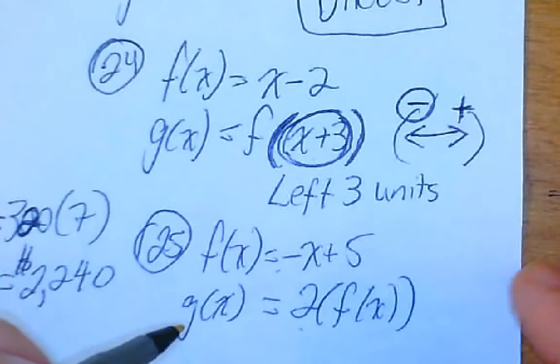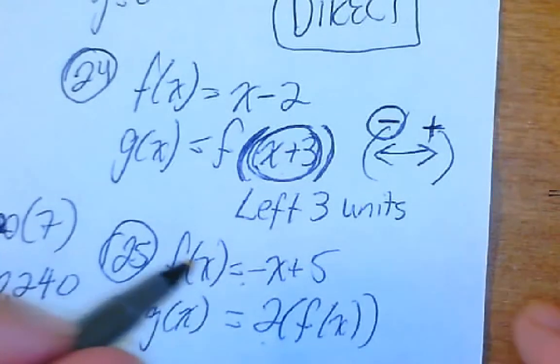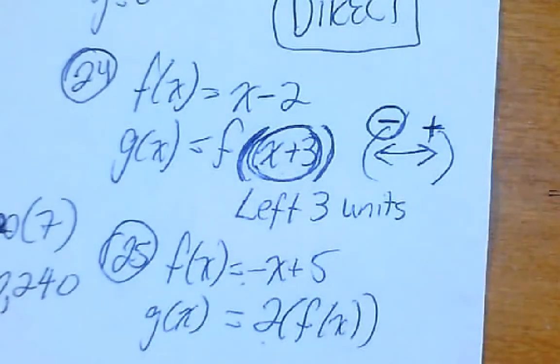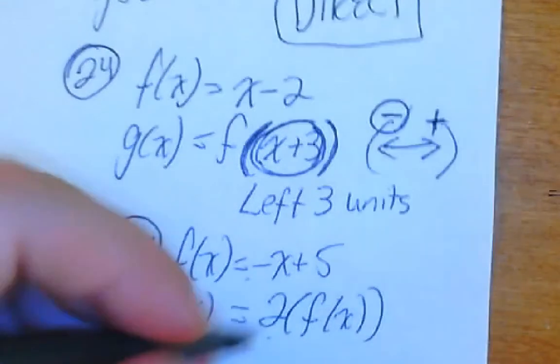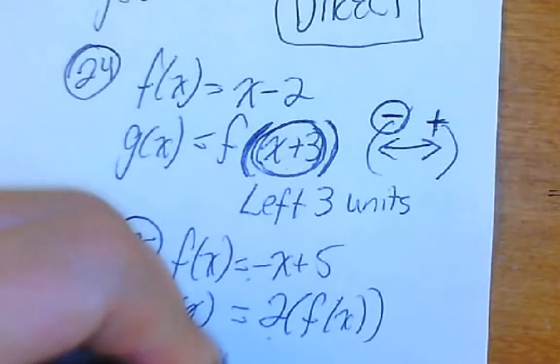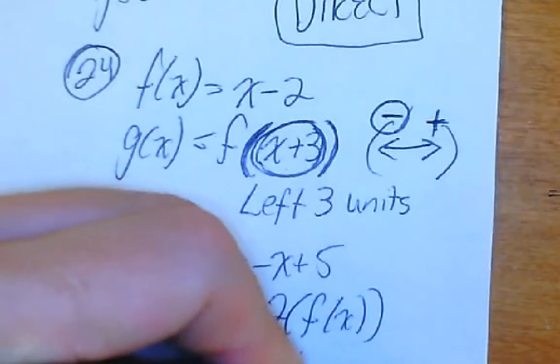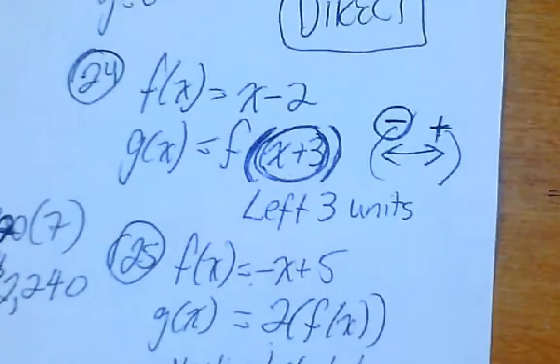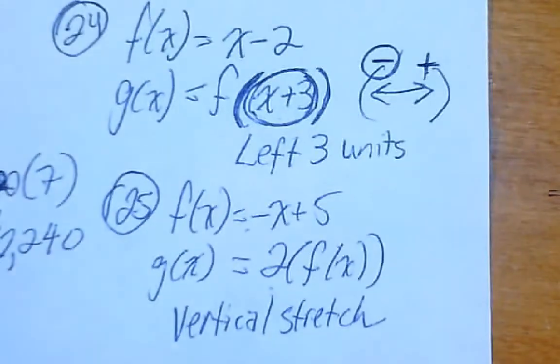And if you take a function and you multiply everything in there by 2, we call that a vertical stretch. You may also know it as steeper, when we were talking steeper and flatter. And that right there, guys, will finish up the backside of practice test A.